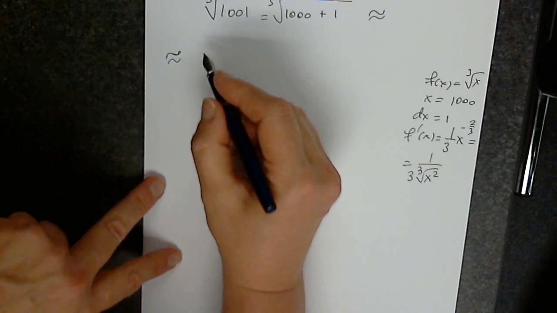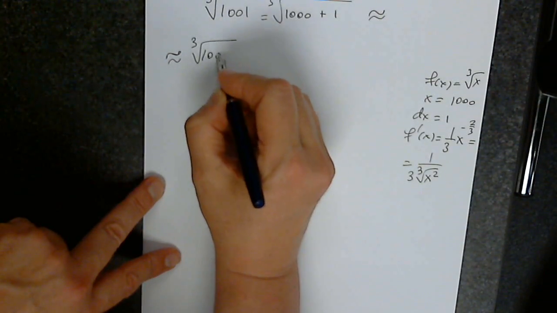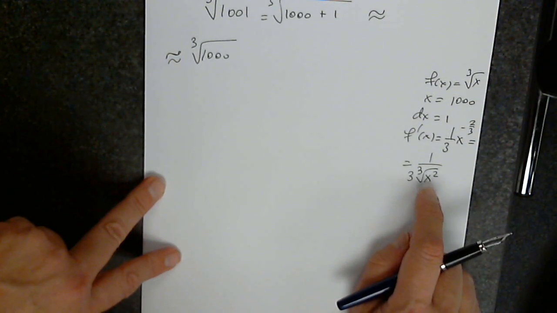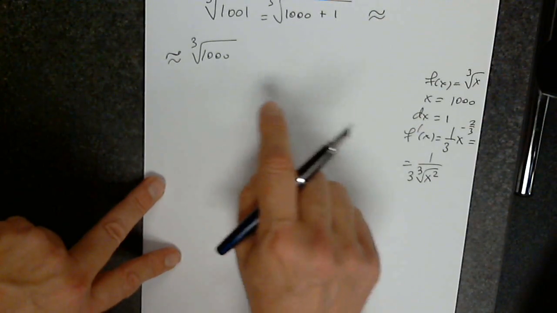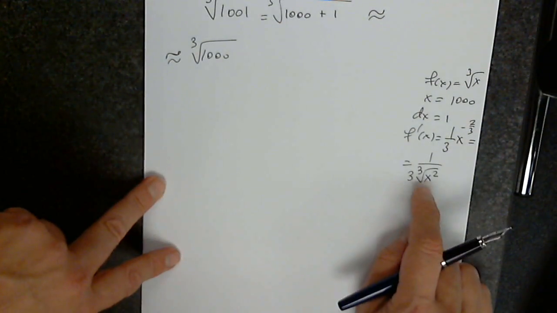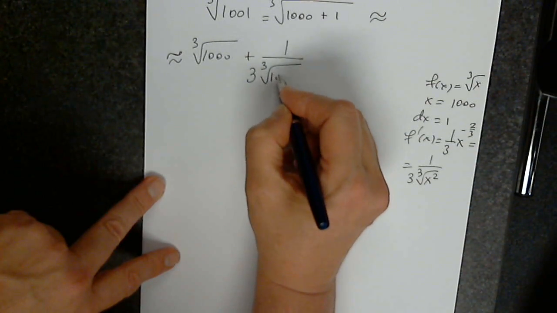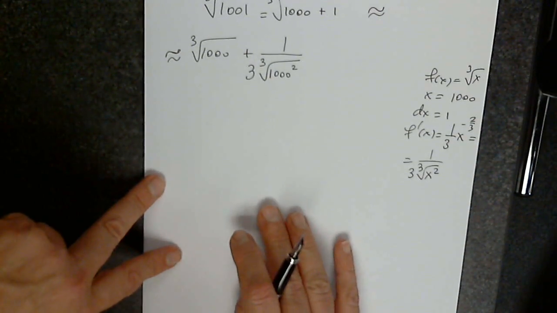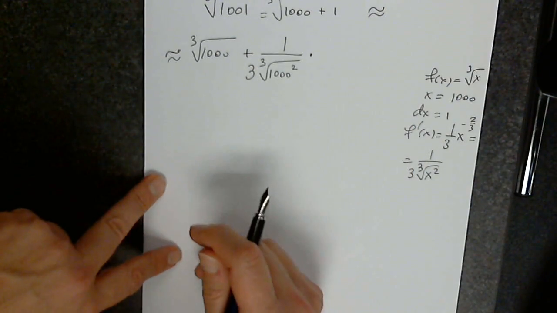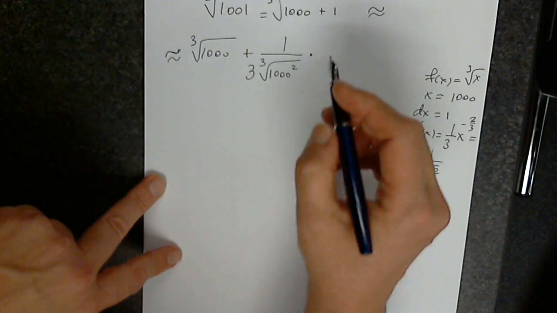So it's the cube root of 1000, which should be 10, right? I just want everyone to see what it is, but yes, you're right. Plus 1/3 the cube root of 1000 squared multiplied by dx, which is 1.